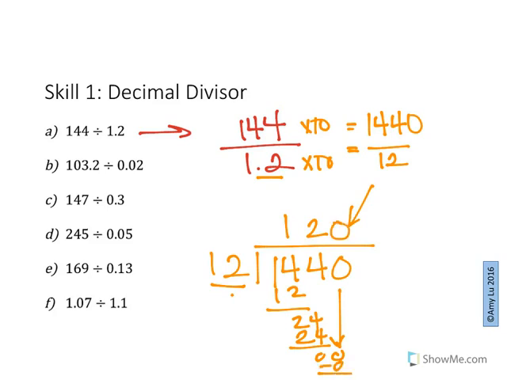So the answer for 144 divided by 1.2 is simply 120. And no, we don't have to divide by 10 in the end to finalize our answer. It's done, because these two are equivalent fractions, so we don't have to go backwards.